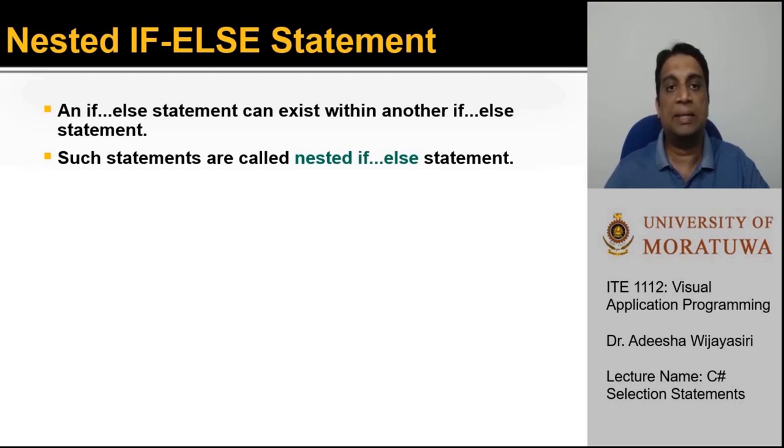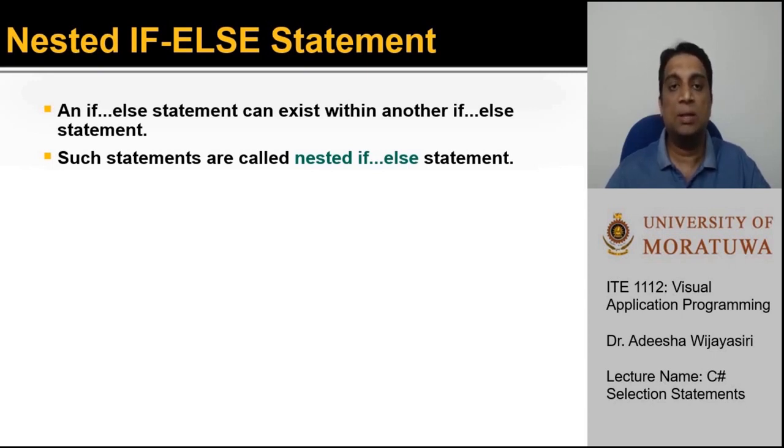If we take the condition where he is in the engineering faculty, then there can be another set of options based on the department he is selected to. If it is computer science and engineering, then he can become a computer engineer. If it is the civil engineering, he can become a civil engineer.